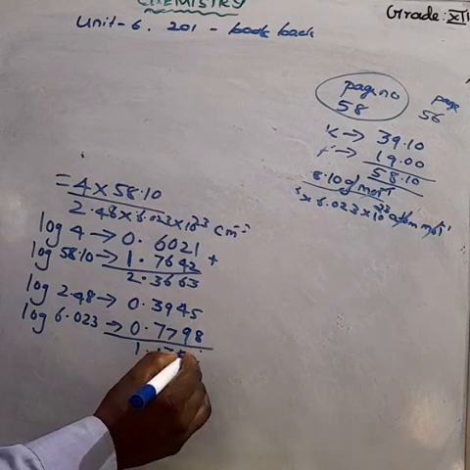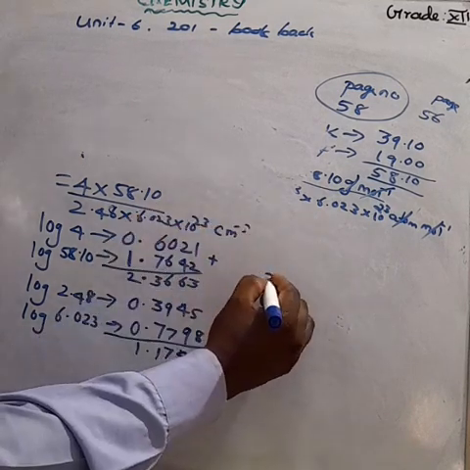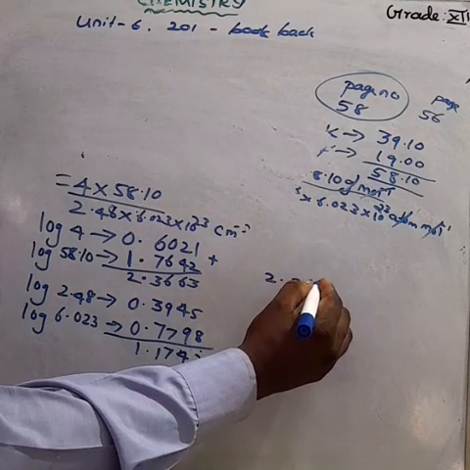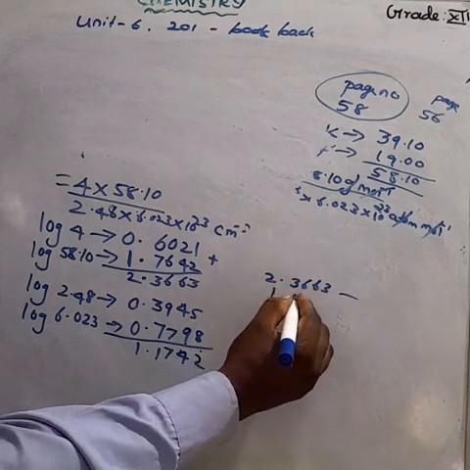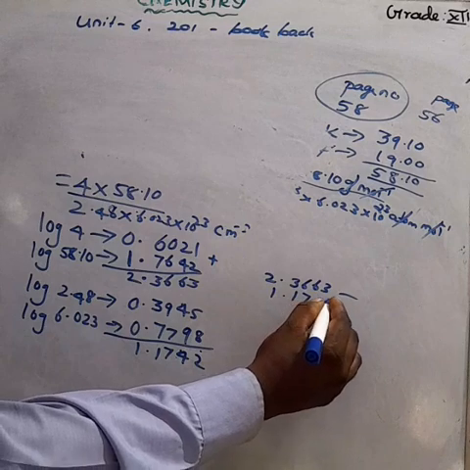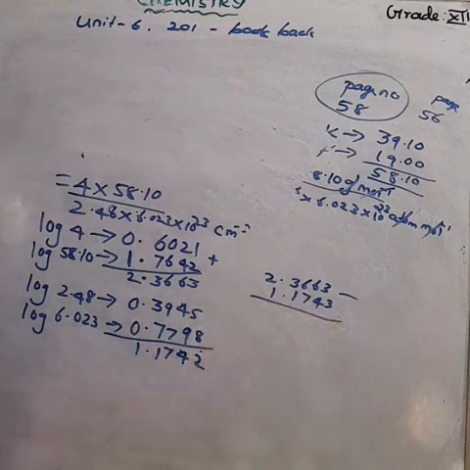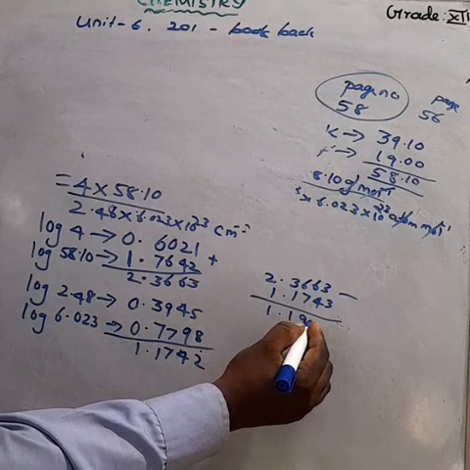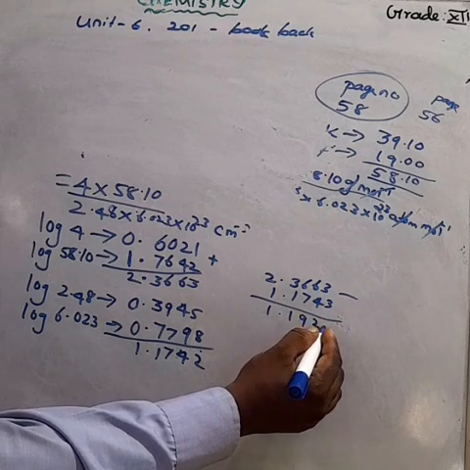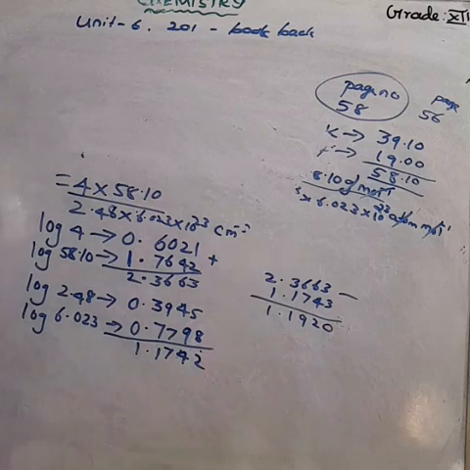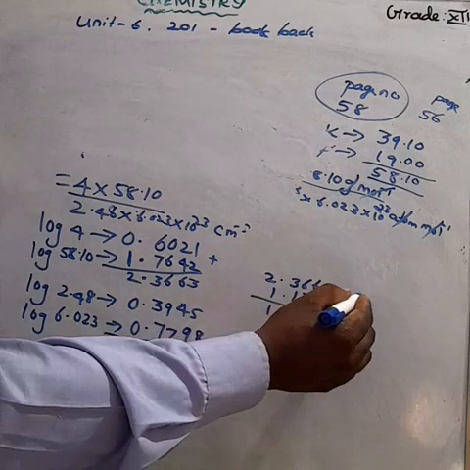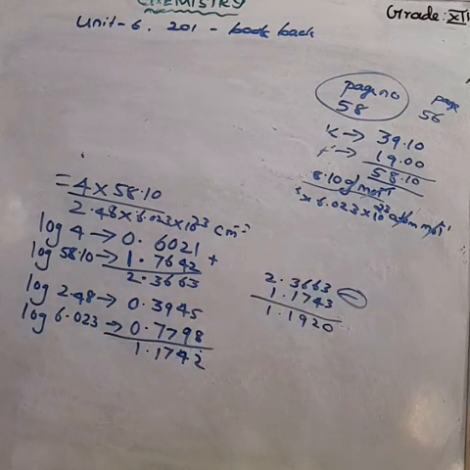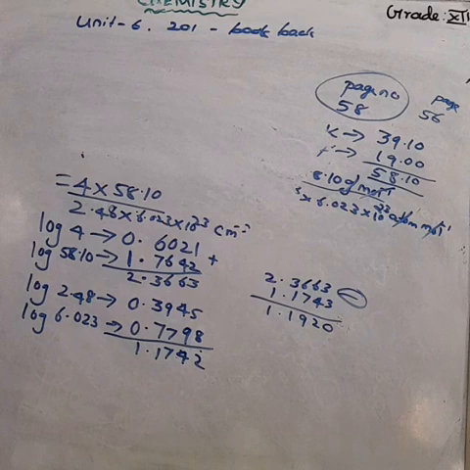The above value is 2.3663 minus 1.1743. We get the answer 1.1920. Now take the antilog of this value.